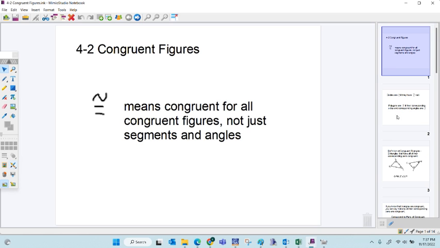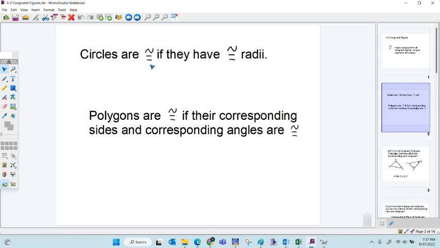It would have pieces that match up. Circles are congruent specifically if they have congruent radii. A radius of a circle goes from its center to the edge of the circle. So as long as they have that same length from the center, those circles are congruent.